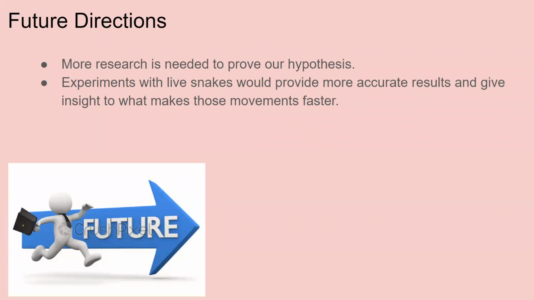Of course, given the age group, we kept it simple, but more research could be done to prove our hypothesis, and more experiments according to the age group would get more complex and would provide more accurate results as to which movements were faster.